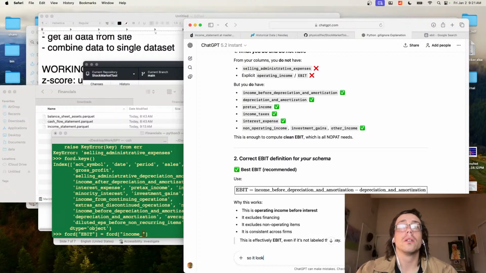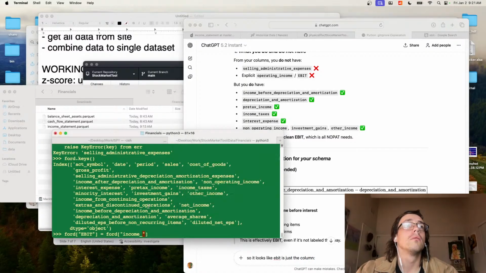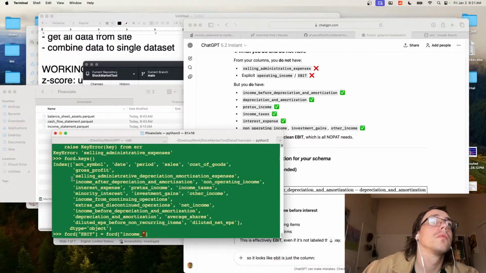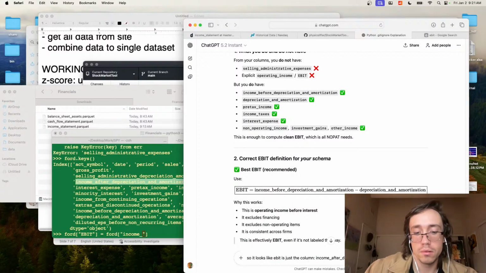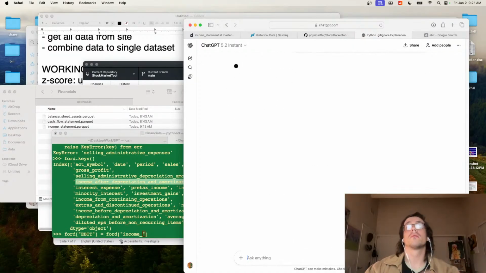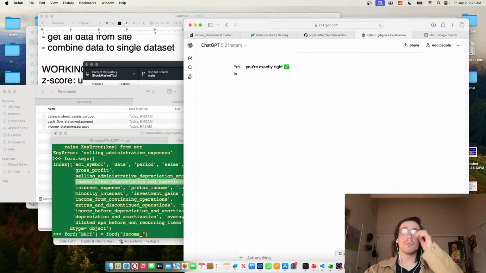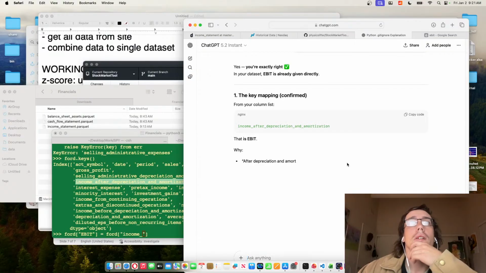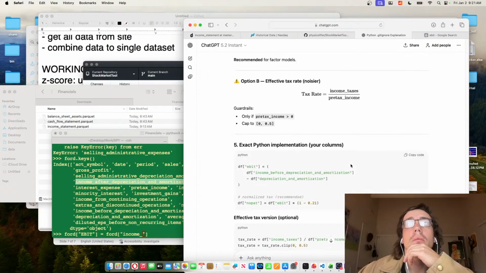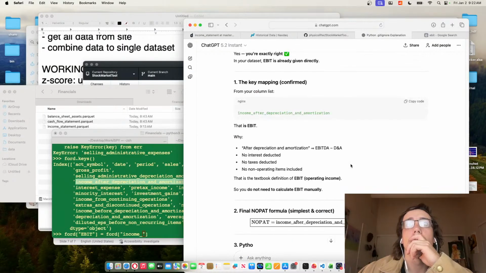So it looks like EBIT is just the column. Income, is that right? Yeah, okay, so how to grade EBIT to whatever that other thing I want.